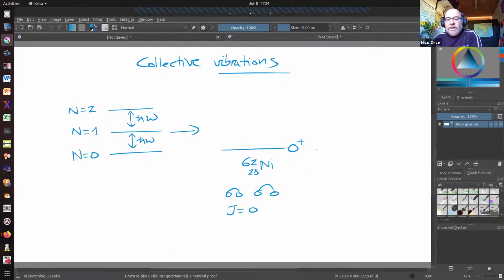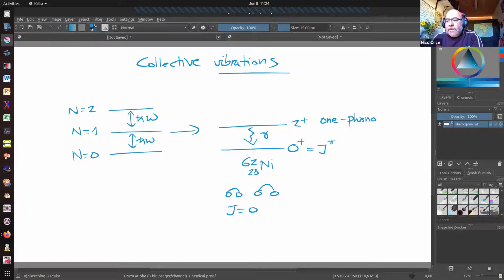So the ground state is 0 plus, right? Then it's going to excite to a 2 plus, and then it's going to de-excite emitting a gamma ray.